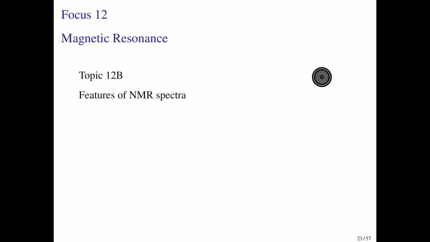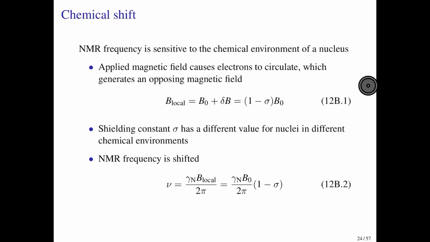We'll go back to NMR, focusing on proton NMR spectroscopy. And so we're going to talk about proton NMR spectra. This concept here, the chemical shift, has to do with the fact that the NMR frequency that we discussed in the last video is sensitive to the chemical environment around a given nucleus.